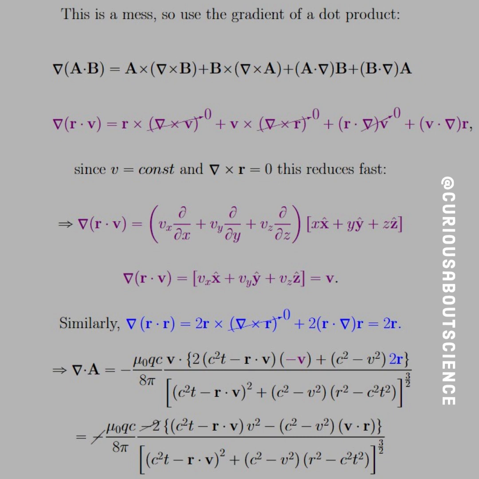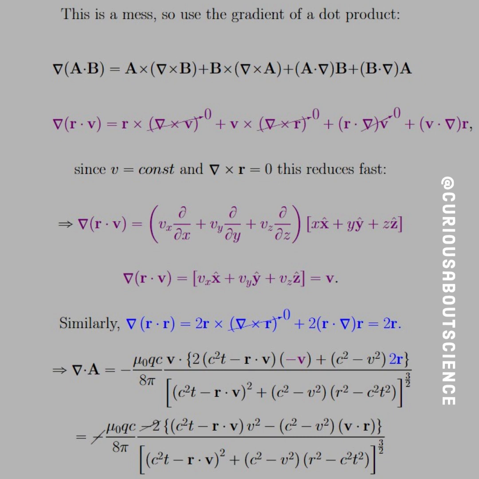Again, just the cancellations of the same factors. We saw that before. And it also helps that v is a constant, so taking the derivative of a constant goes to 0. Similarly, the curl of r is 0, so we saw that back in chapter 1. And this reduces really, really fast.